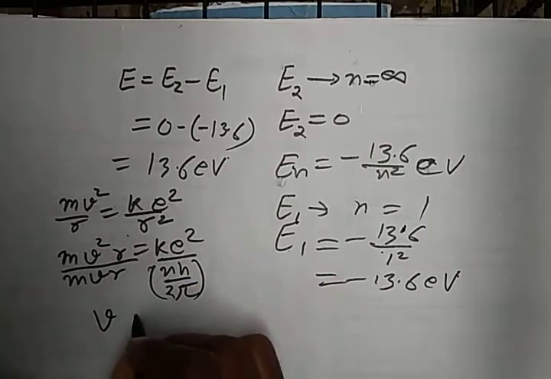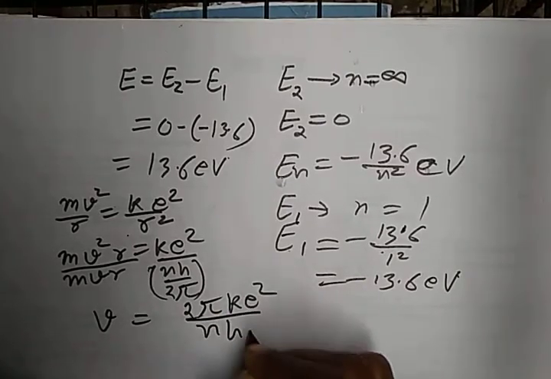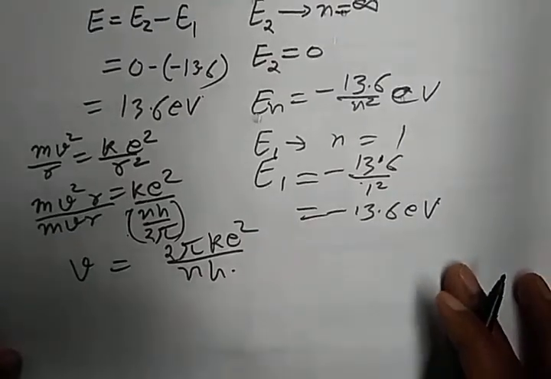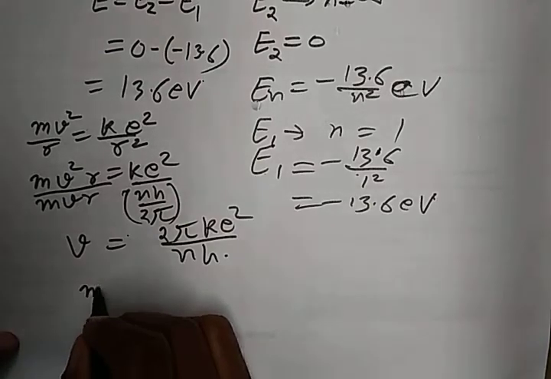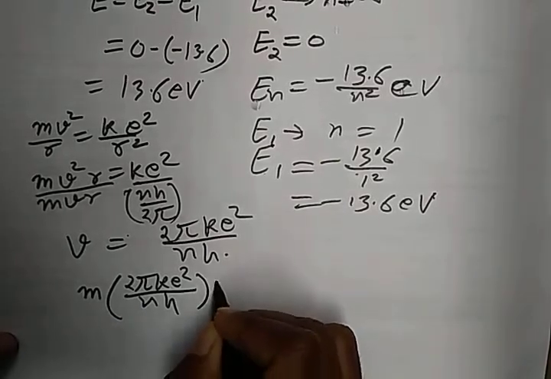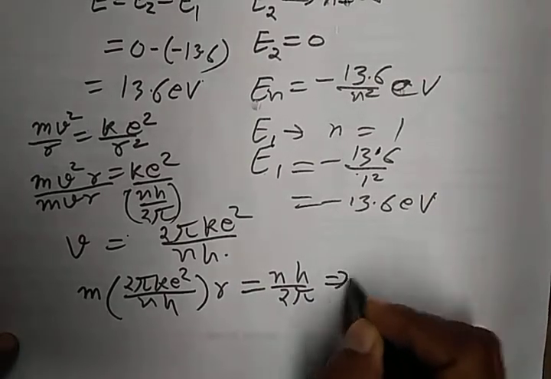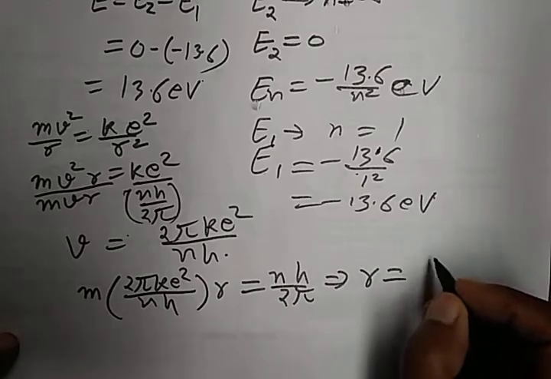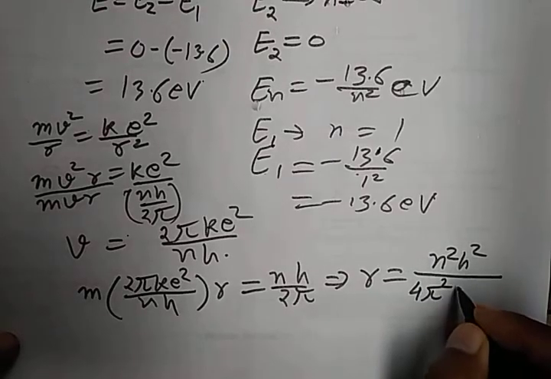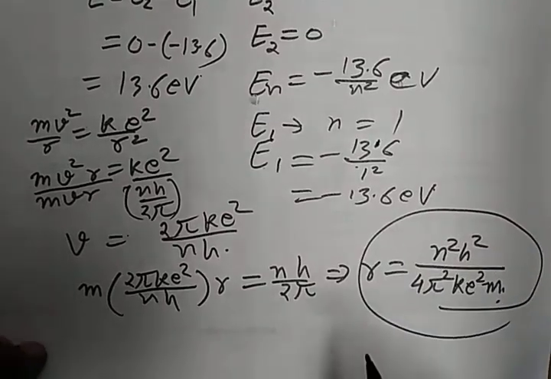From here you will find v is equal to 2 pi ke square upon nh, and putting it back here, mv into r, mvr equal to nh upon 2 pi. So r will be equal to n square h square upon 4 pi square ke square m.